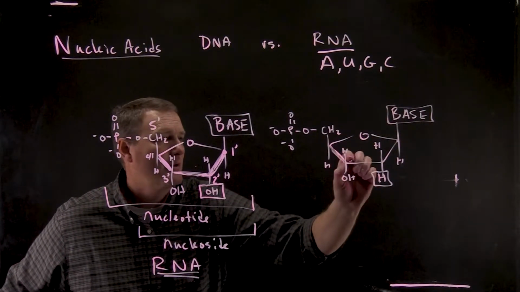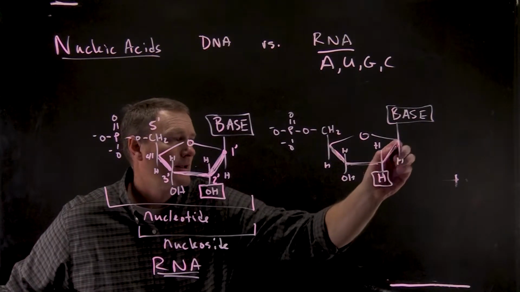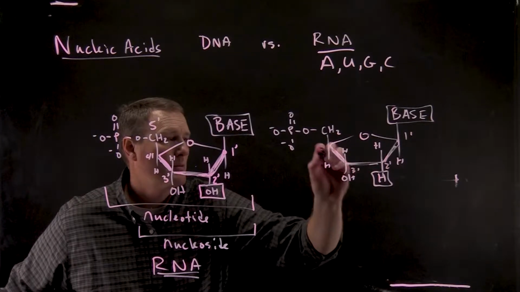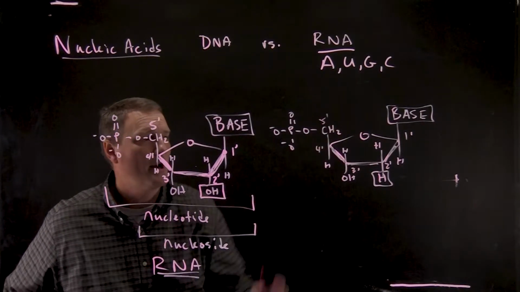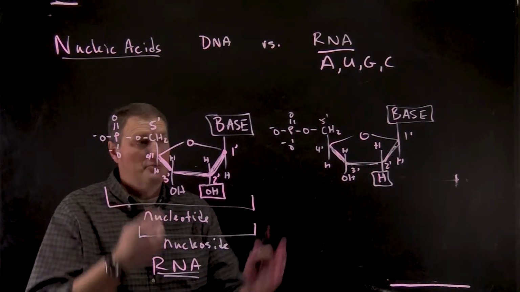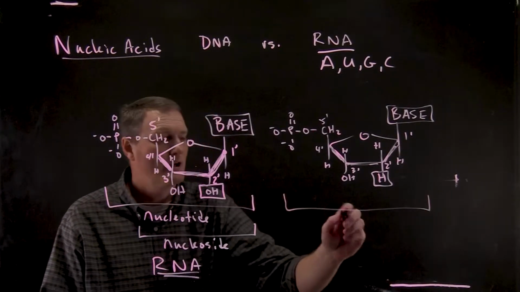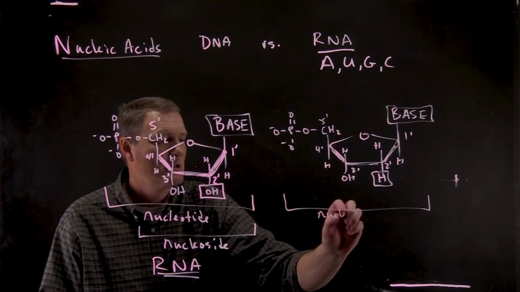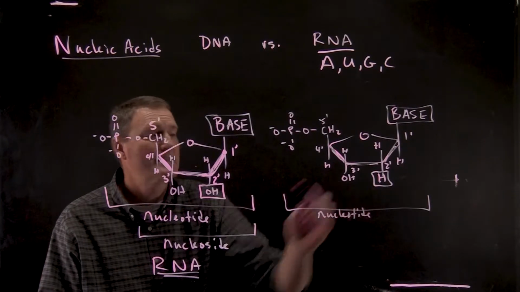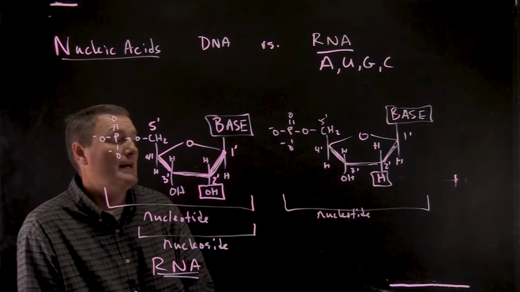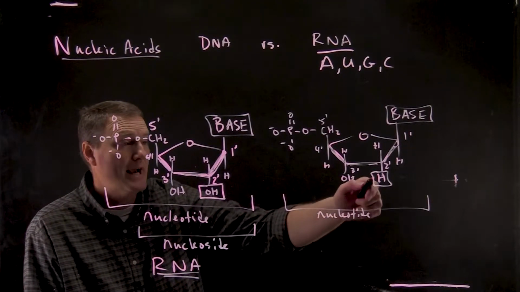So let me darken in the ring here just a little bit. So this is, again, 1', 2', 3', 4', and 5'. So just like before, if I have the phosphate on, that's called a nucleotide. But in this case, this is now going to be called a deoxynucleotide, or dNTP, the lowercase d for deoxygenated.